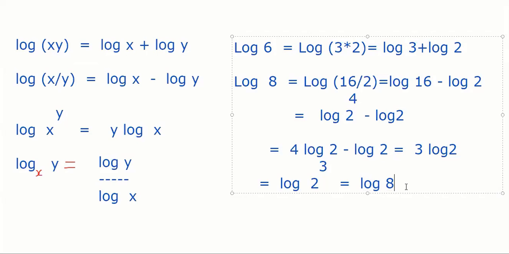Log 2 you can write as log of 10 by 5, which is log 10 minus log 5. Correct? 2 means 10 by 5. So log 10 minus log 5. But you should know the values of log 2, 3, 10. That's why, depending on what values are known, these logarithm tables are there. Like log 2 is 0.303, log 5, 3 is something like that. But these properties are very useful.